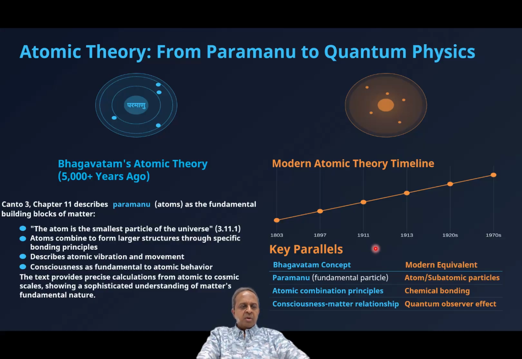It describes how observation affects atomic behavior, paralleling the quantum observer effect. Most significantly, the text describes how atomic behavior is influenced by consciousness, a concept that quantum physics is struggling to understand through theories of consciousness-based collapse of wave functions.